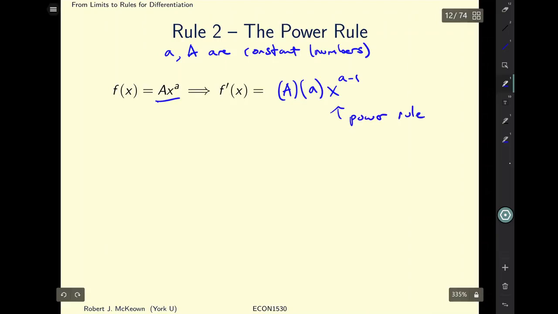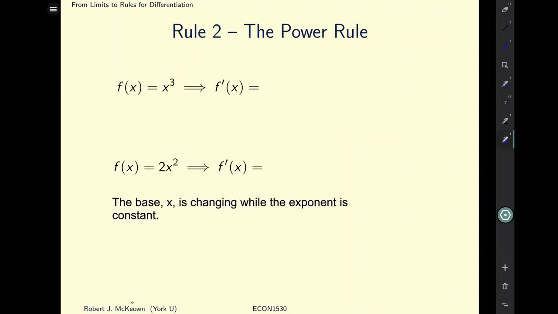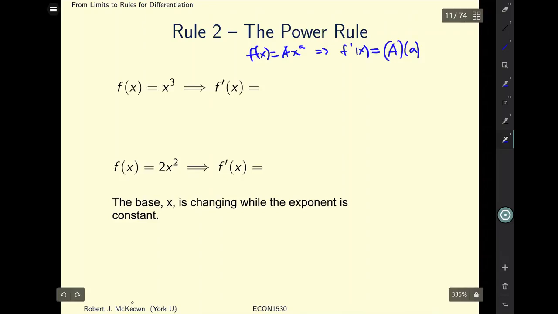And this is our power rule. Right? So it's an algorithm that we can use to always get the right answer. We don't have to use those cumbersome limits and Newton quotients anymore. And so, I have the power rule memorized, right? So if we've got a times x to the a, then the derivative of this thing is going to be equal to a times the exponent a, and then we're going to have the original exponent minus 1.